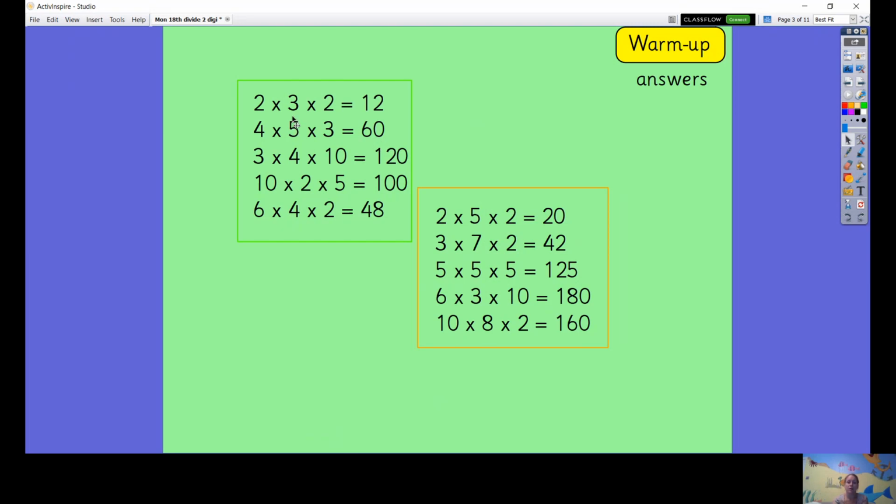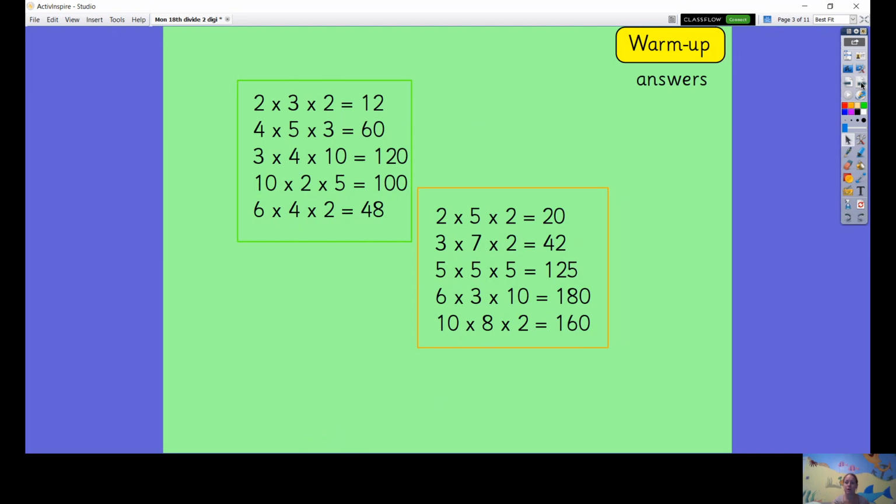Or we could have done, if we wanted to, 5 times 3, which was 15, and then times that by 4, which would still be 60, because when we're multiplying, we can multiply in any order, it doesn't matter. So you multiply whichever two numbers you want to together first. Just make sure you do them all and don't miss them out.